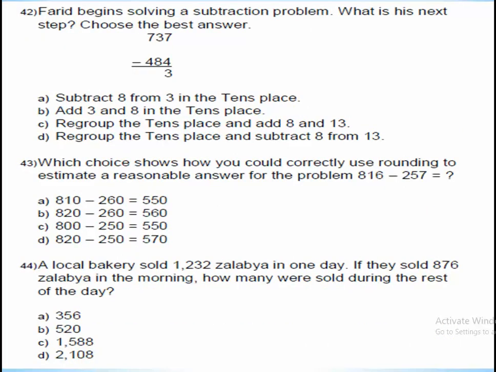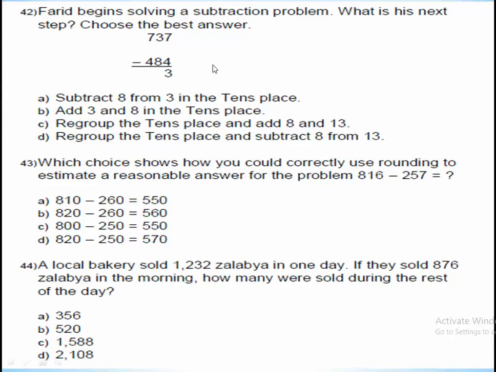Farid began solving the subtraction problem. What is his next step? Choose the best answer. Okay, here when we subtract 7 minus 4 equals 3 and 3 minus 8 doesn't go. So we must borrow 1 from 7 and it will be here 13. This step, when we borrow 1, we call it regrouping.